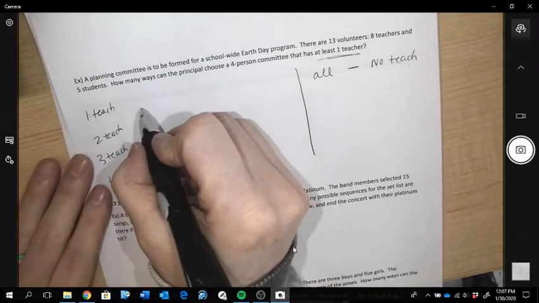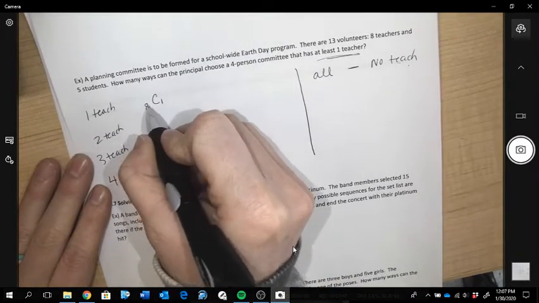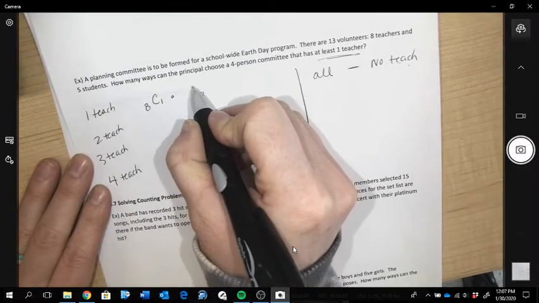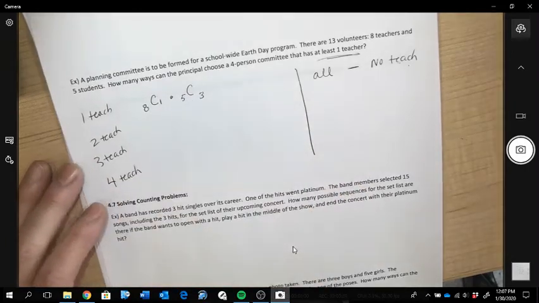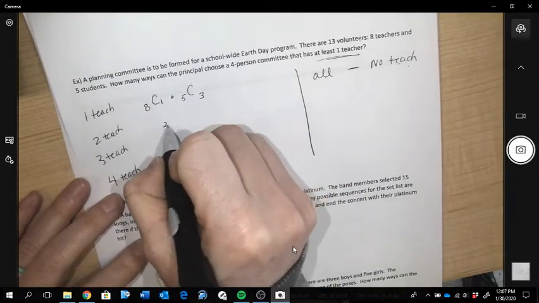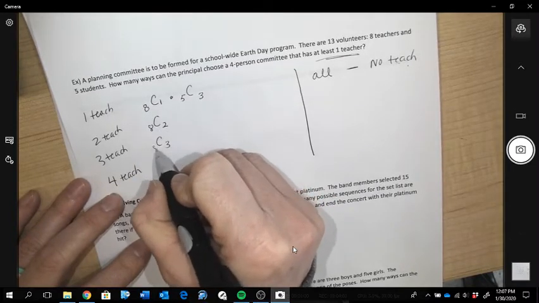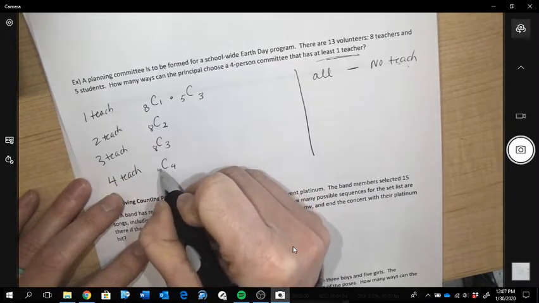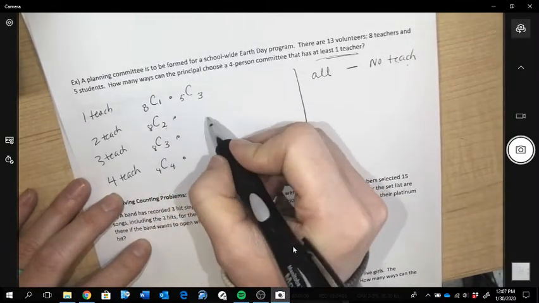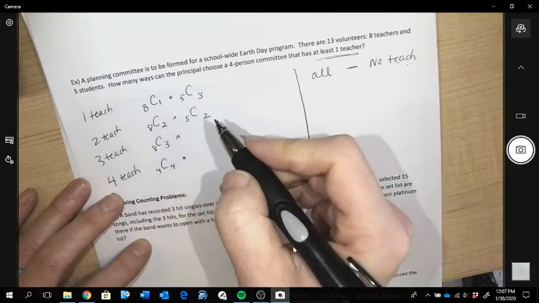So if there's 1 teacher, you're going to have 1 teacher chosen from 8. That means you're still going to have 3 more people from 5 students. Here you're picking 2 teachers from your 8, here 3 from your 8, 4 from your 8. If you have 2 teachers, you still need 2 students.